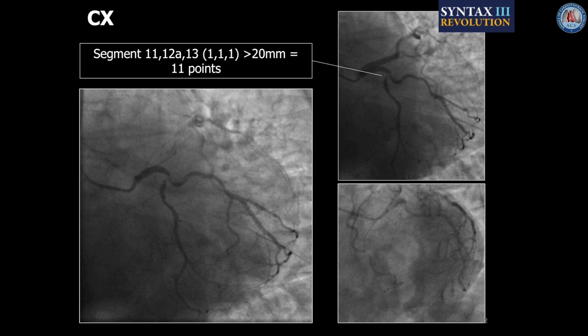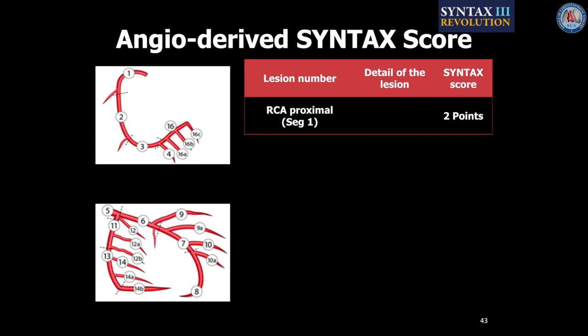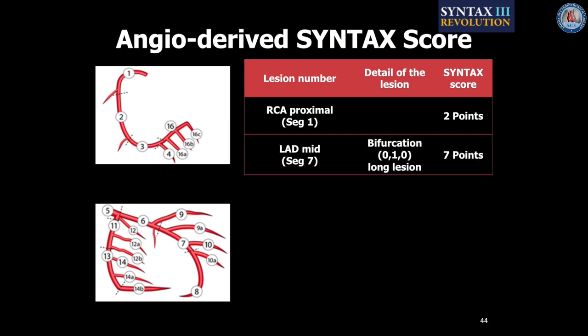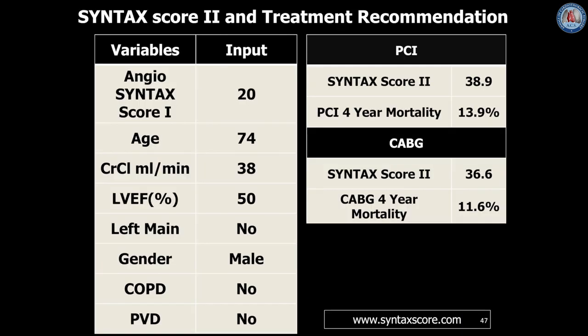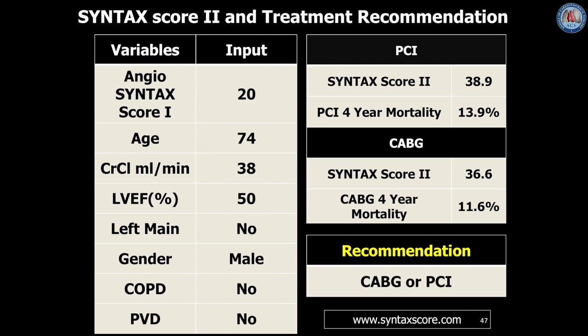So from the angio, RCA 2 points, LAD 7 points, circumflex 11 points, altogether 20 points, and with these 20 points plus the clinical characteristics, we end up also with 13.9% of 4-year mortality for PCI and 11.6% for CABG 4-year mortality.